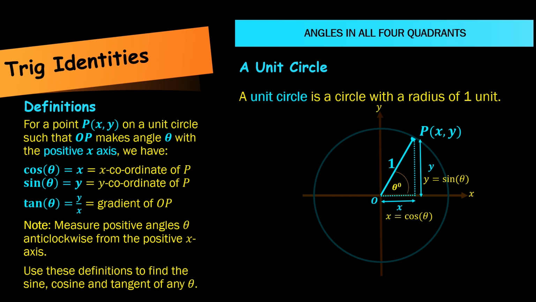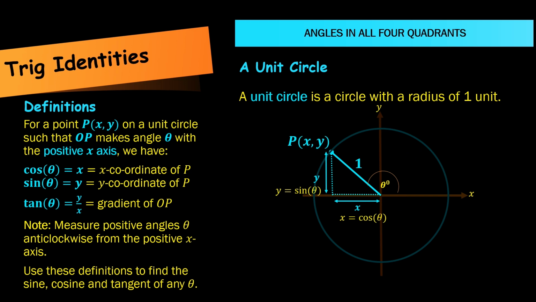We are now going to use these definitions to find the sine, cosine and tangent of any angle theta. Let's consider this angle theta. As you can see, it is obtuse. However, the definitions remain the same.